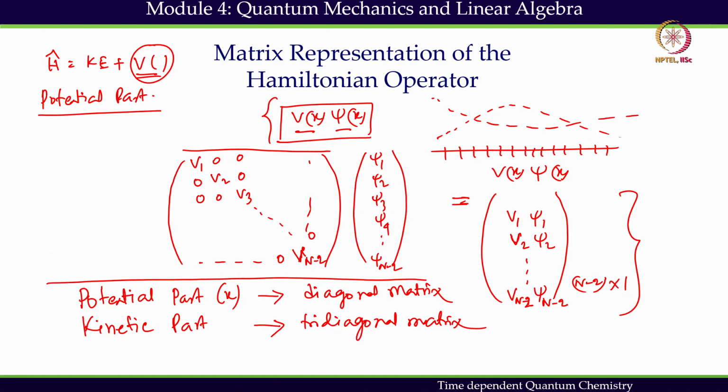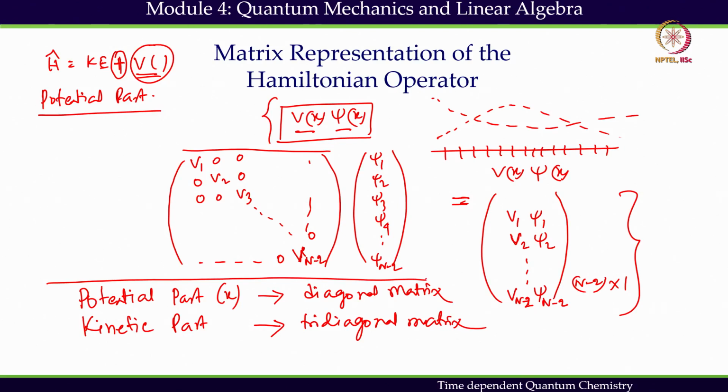Once we get the potential matrix and the kinetic matrix, in the end it is just a matrix addition we have to do to get the TDSE. Matrix addition is done by adding corresponding individual elements.